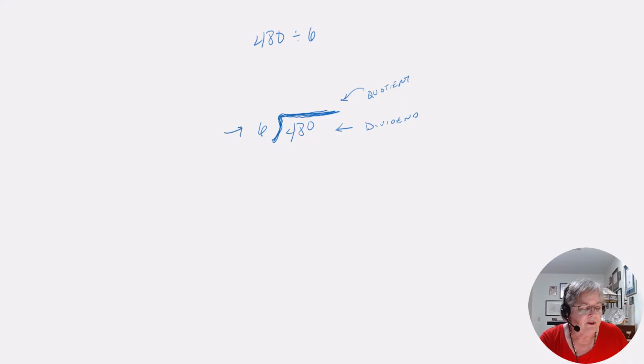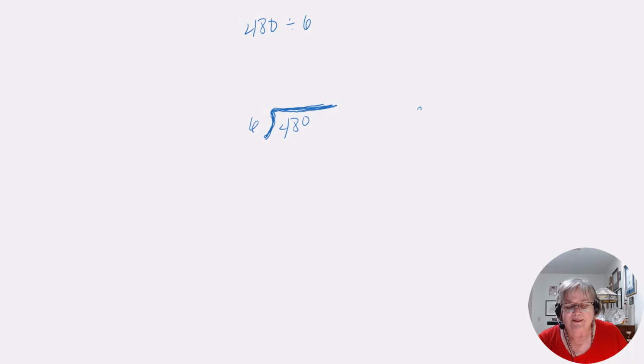And the thing that you are dividing by is your divisor. Now, once in a while, people ask you to name these, the mathematical true name. Most people just go, can you divide this out and tell me what the answer is? Because you don't always have access to your calculator. Well, you have your phone. Most people have that. But let's practice some math skills here.